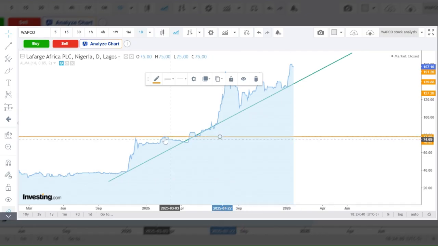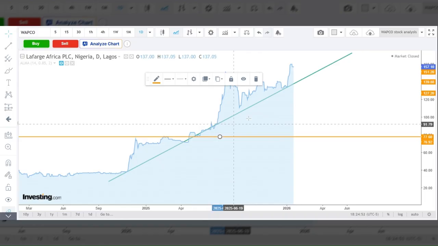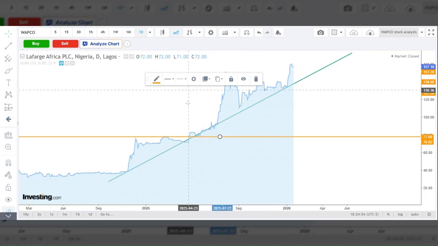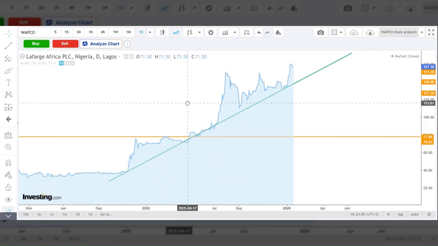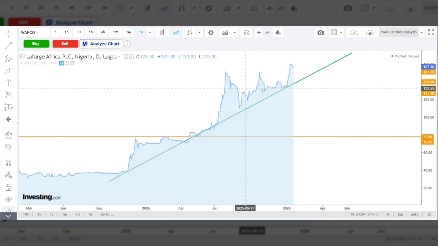It touched here where my cursor is, and it also touched here. Then moving forward, there's no place to touch, so we just leave it like that. Then we look for another spot.